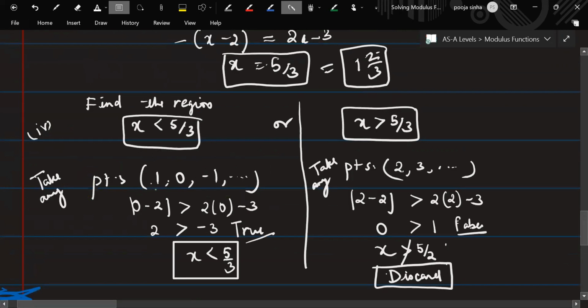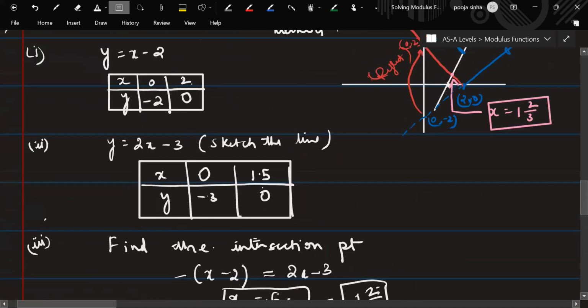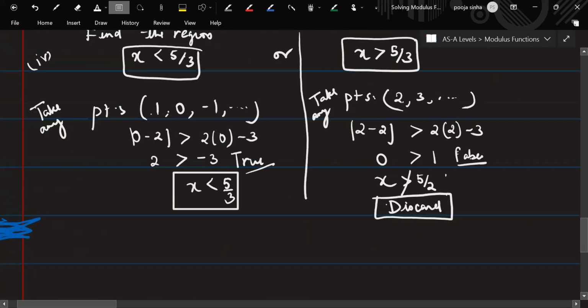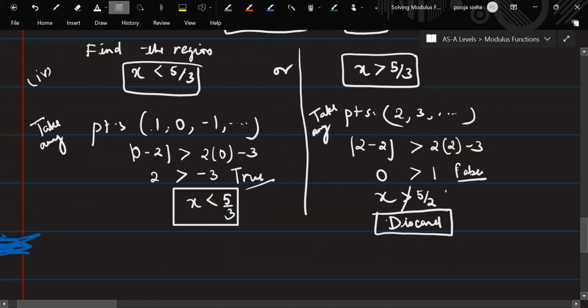Take any point. You can take 1, 0, minus 1, anything which is falling on that side of this line. And for this side, you will find out anything which is falling on this side. This is something we used to do for inequalities also, if you remember, shading the inequalities, right? So exactly the same thing you'll do.